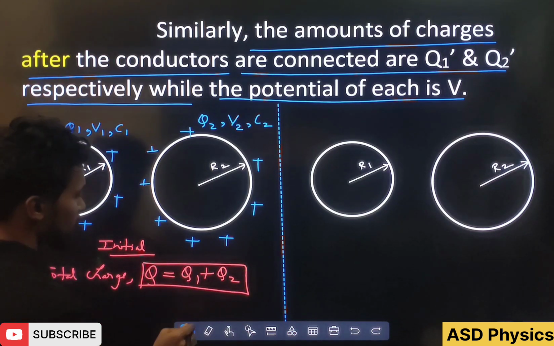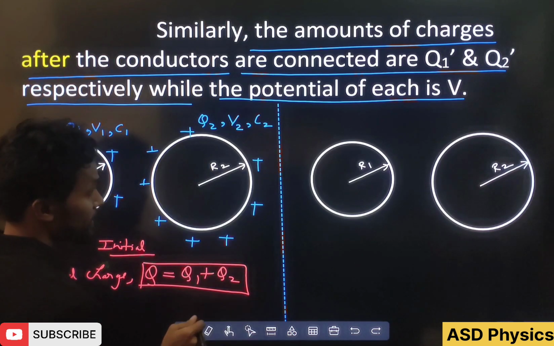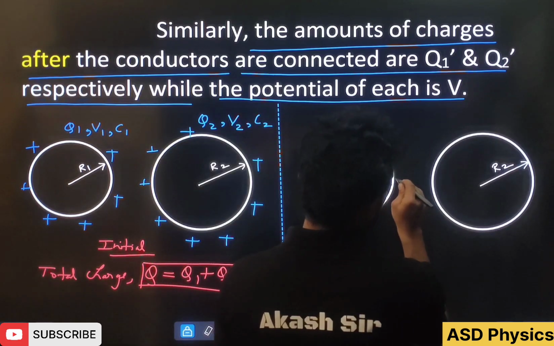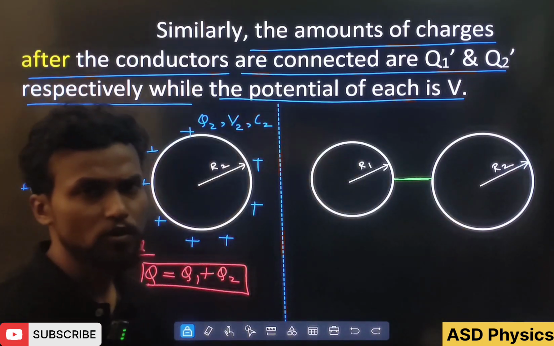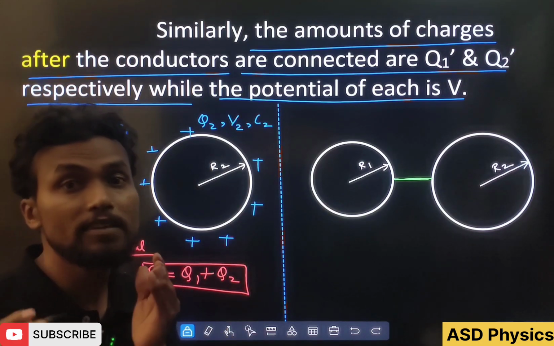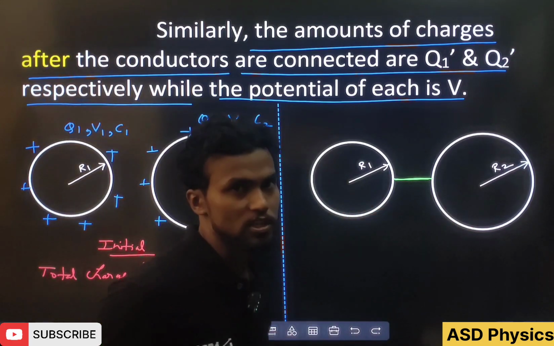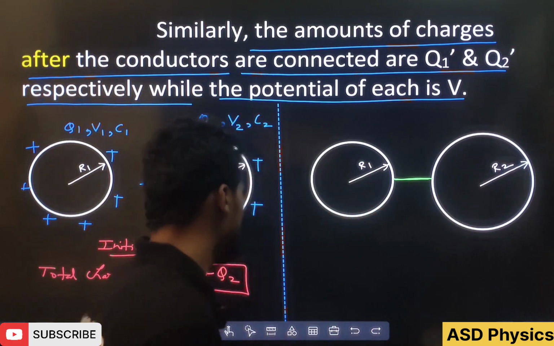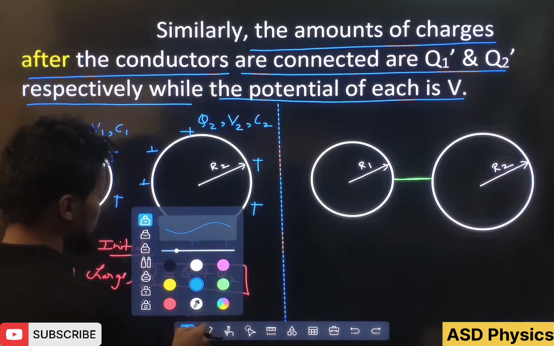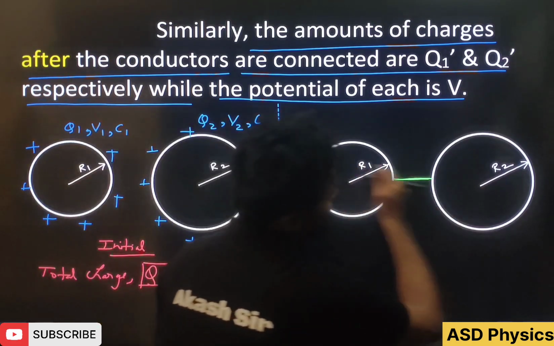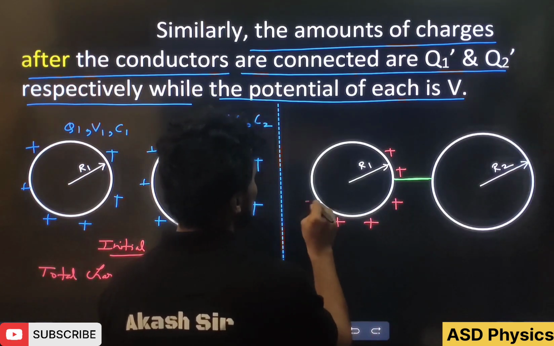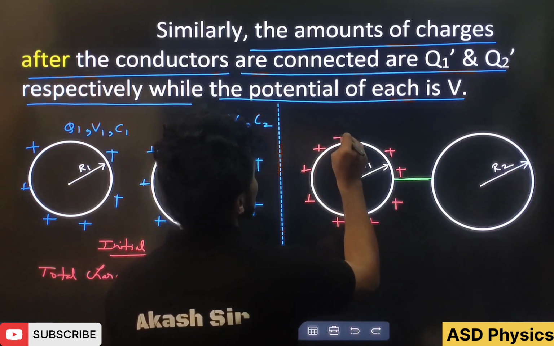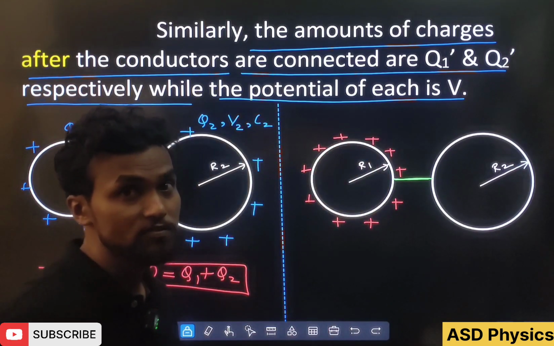Now after that, these conductors will be connected by a conducting wire. When they are connected, charge will flow from the higher potential to the lower potential, and this flow will stop when the potentials of both the conductors become equal.